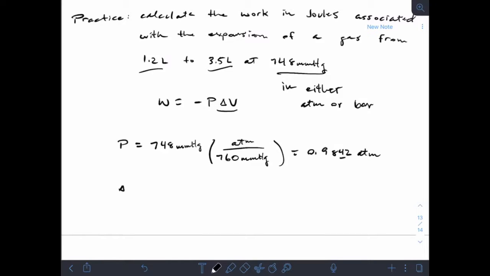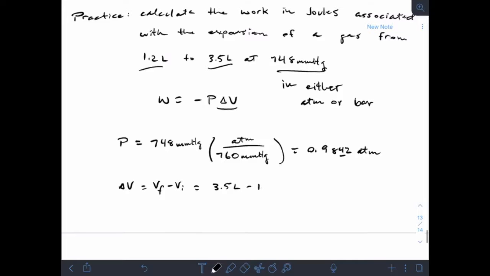And then our delta V, final minus initial, 3.5 liters minus 1.2 liters gives us 2.3 liters.